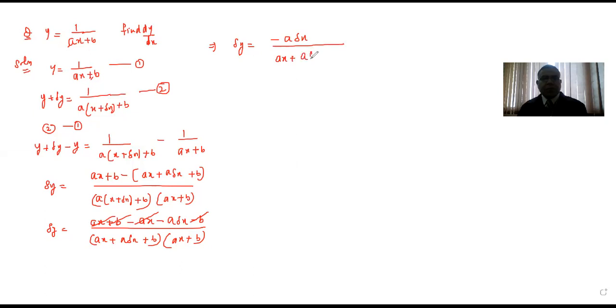a x plus delta x plus b into ax plus b. Divide both sides by delta x such that limit delta x tends to 0.